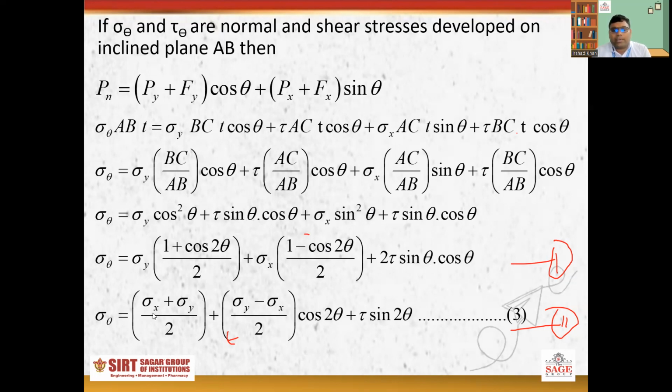So it can be written as sigma x plus sigma y by 2 plus sigma y minus sigma x by 2 cos 2 theta, and this can be written as sine 2 theta. So it becomes tau sine 2 theta. So this is the expression for calculating the normal stress on the inclined plane.